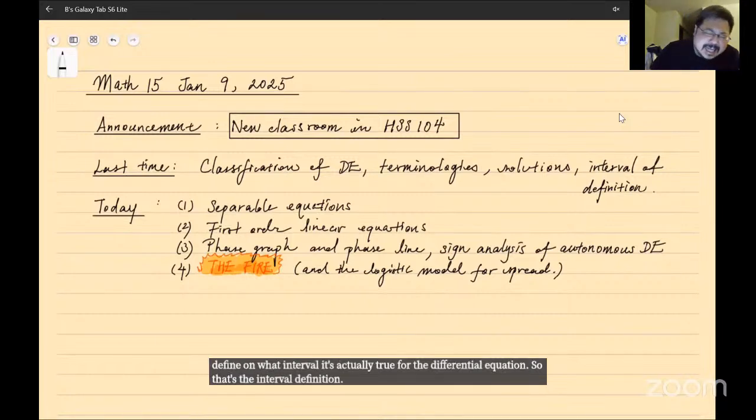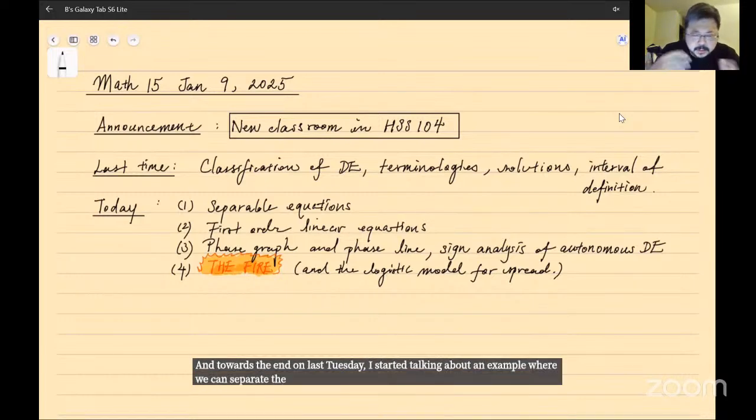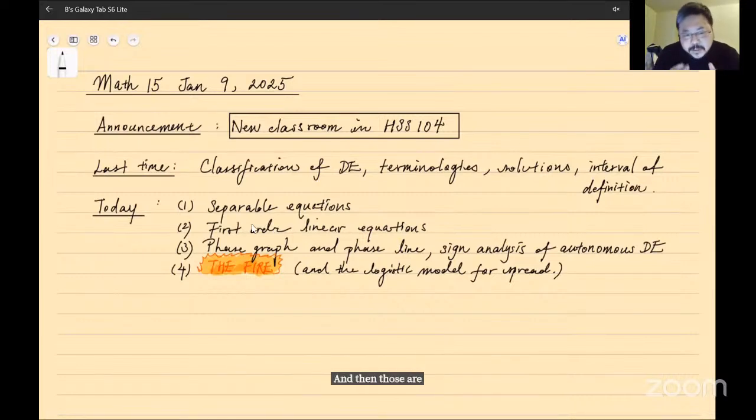And towards the end, on last Tuesday, I started talking about an example where we can separate the variables, and we use something called the differential form to do that. I wanted to continue with that, sort of a review, and then discuss another type of differential equation called first-order linear equations. Those are our first two techniques for this week.